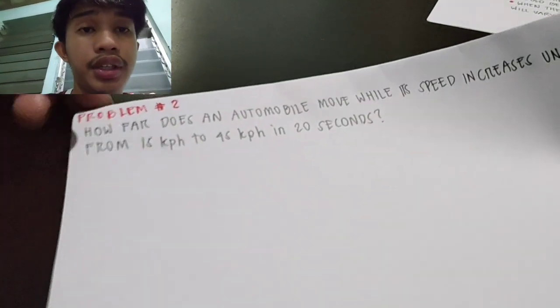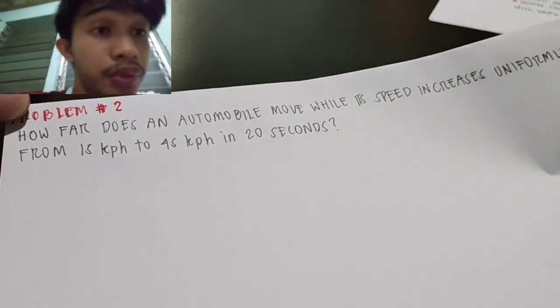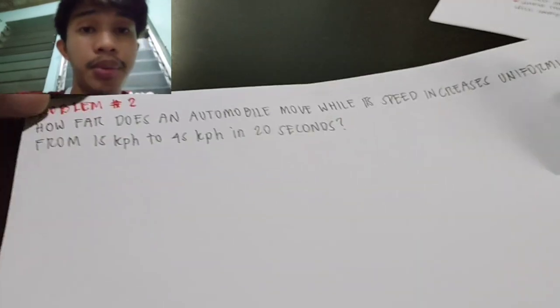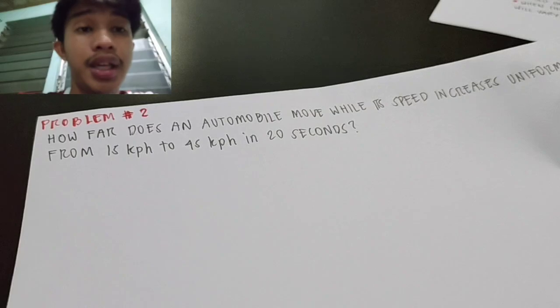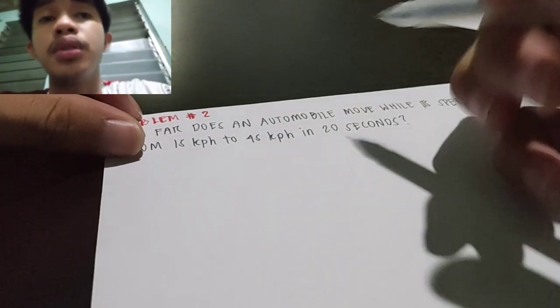Problem number 2 we have here: How far does an automobile move while its speed increases uniformly from 15 kph to 45 kph in 20 seconds? Let's write the given first.